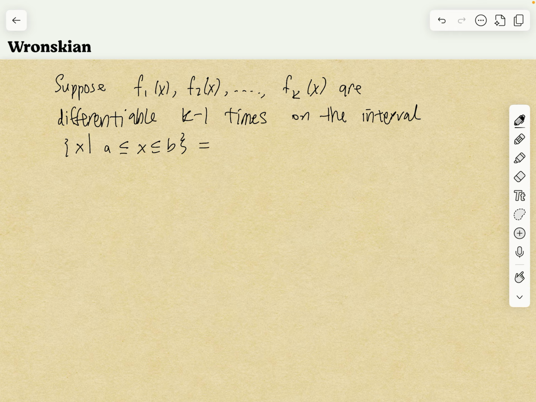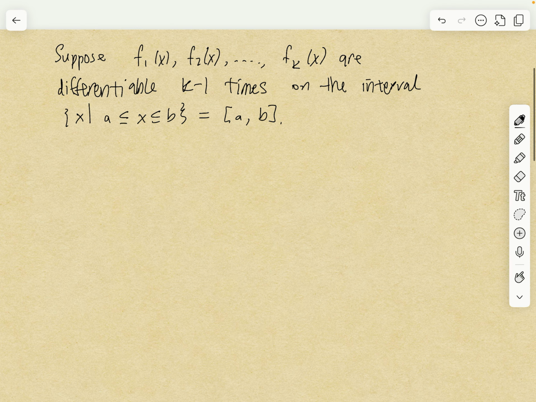Let's just remind ourselves that's the closed interval from a to b. And at the endpoints, we just mean it's left and right differentiable. So right differentiable at point a and left differentiable at point b. It doesn't really matter. Or you could just look at the open interval from a to b.